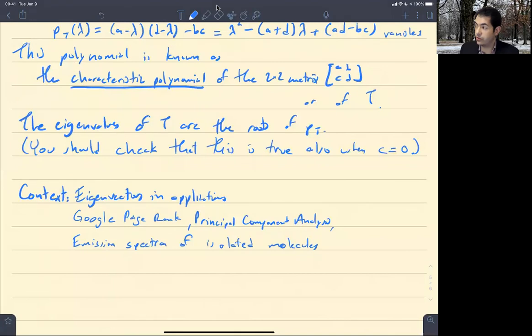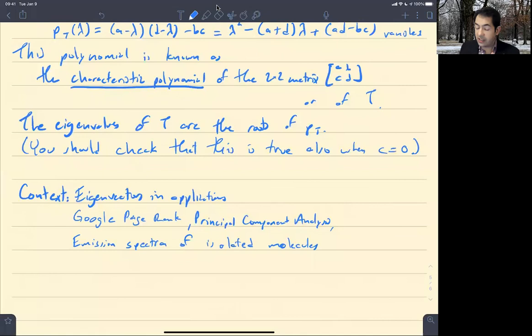So each element has an emission spectrum, which is like you shine a photon at this thing, and occasionally the frequency will hit an electron in your atom, and it will give it enough energy to go from one quantum level to the next quantum level. So the photon will be absorbed. Or you might have the opposite process where some electron goes from one quantum level to a smaller quantum level, and so it'll emit a photon at a certain frequency, right? So those frequencies that you can observe are known as the emission spectra.